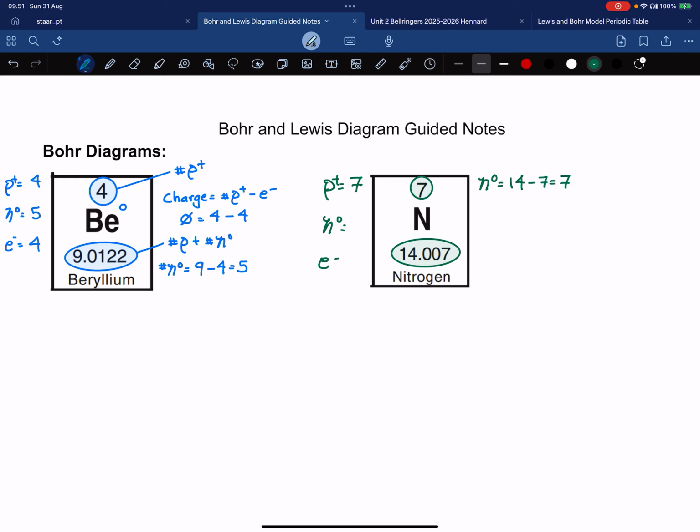So neutrons is actually 7 as well. And since the charge is 0, and charge is protons minus electrons, 7 protons must mean 7 electrons.